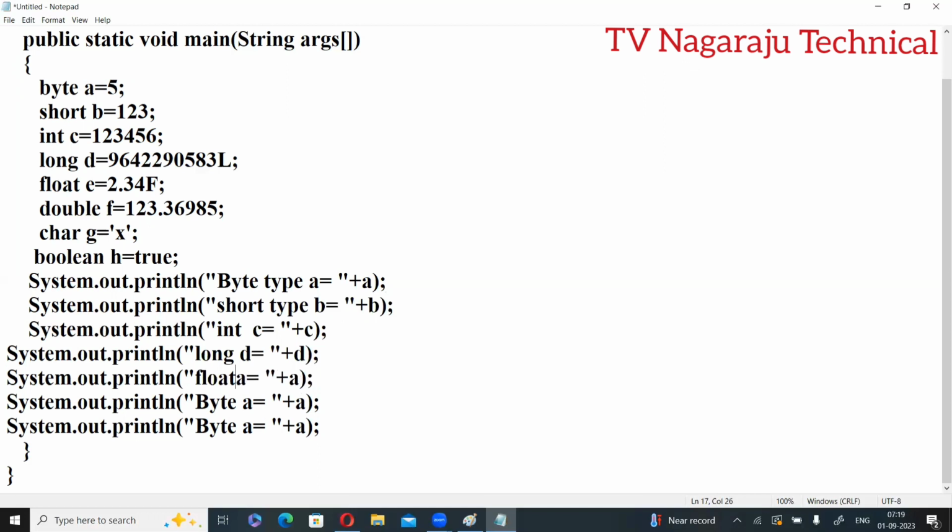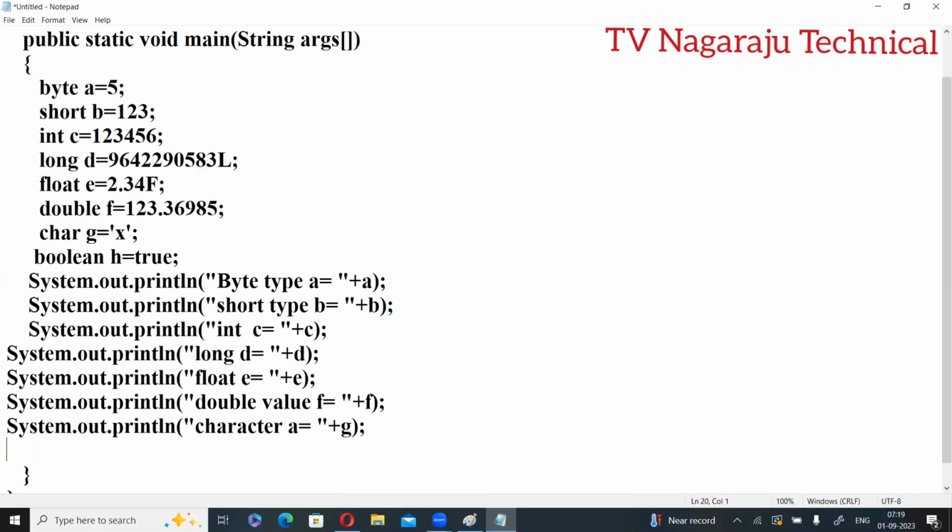Now float, e. Here it does not consider the spellings also. Whatever you write inside the quotation, exactly the same thing is displayed. Double value. Suppose I write the message like this, see this one, f. g is a character.